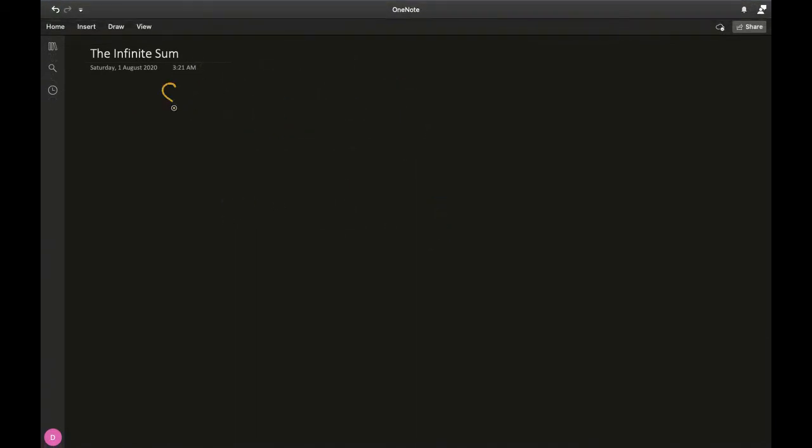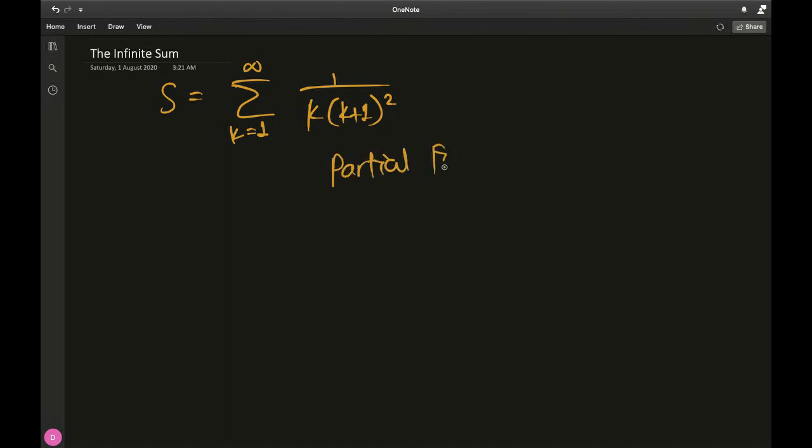So as previously discussed, S is actually sum from k equals 1 to infinity of 1 over k times k plus 1 squared. So now, noticing that the product of factors in the denominator is telling us to use partial fraction decomposition.